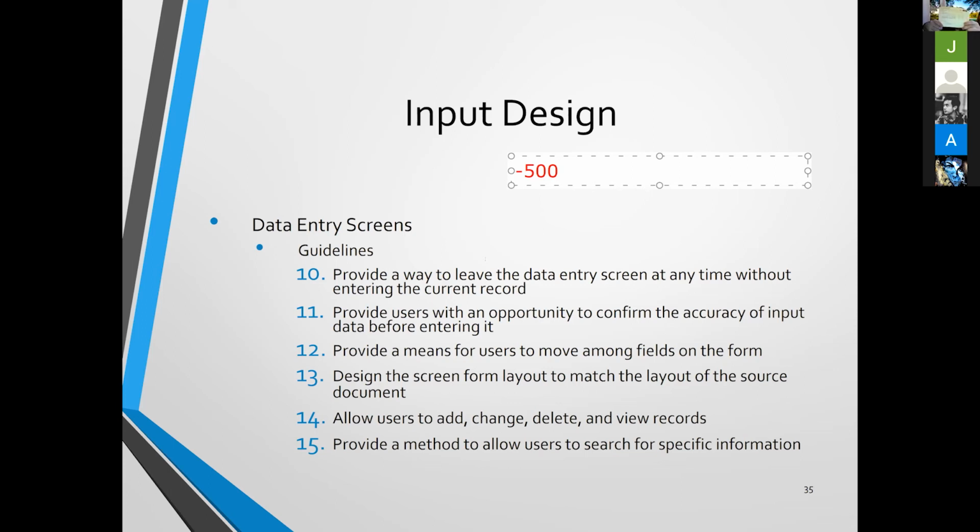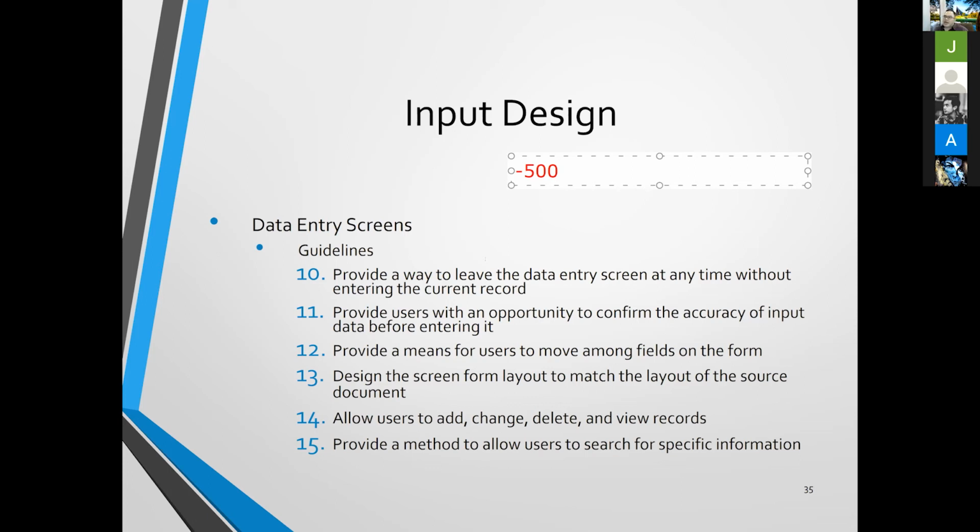Number 13, design the screen form layout to match the layout of the source document. What does it mean? It means that if you have the source document on paper and you have a data entry person, you should help them to enter the data easily.